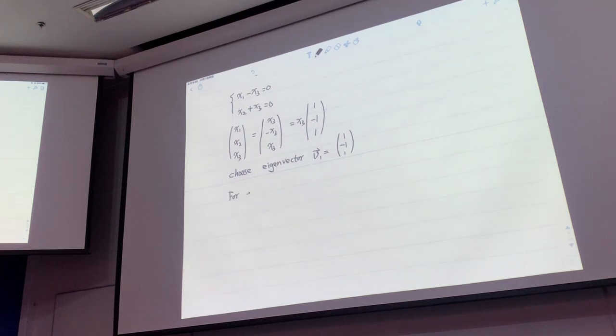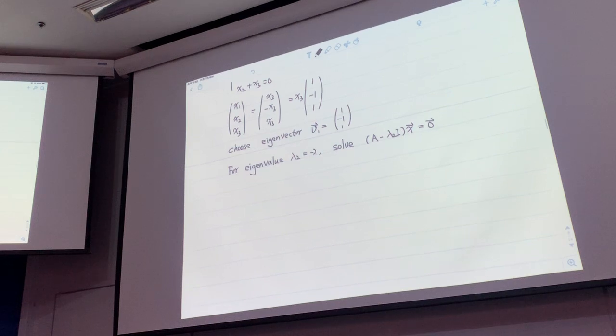For eigenvalue lambda 2 equal to -2, we solve A minus lambda 2 times the identity, times x, equal to 0.